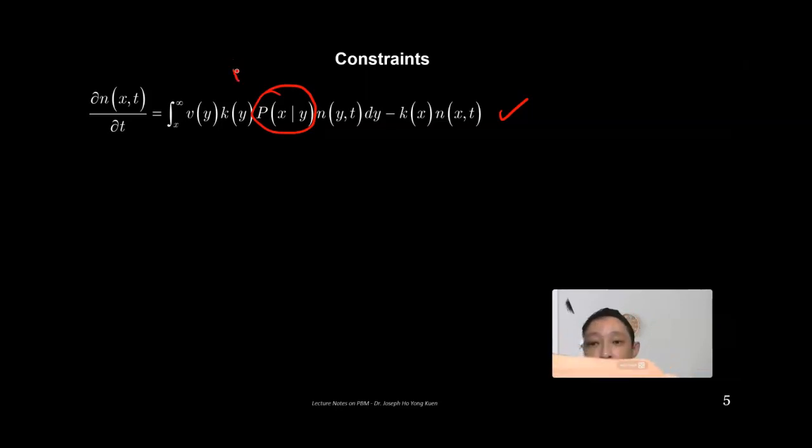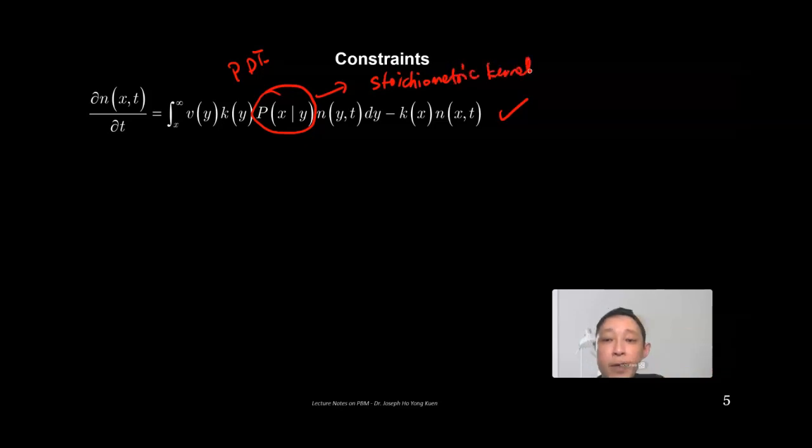Sometimes in other literature we call this the stoichiometric kernel. This is the part of the equation that tells you how your particulate system is splitting, fragmenting or breaking. What is their probability density function?